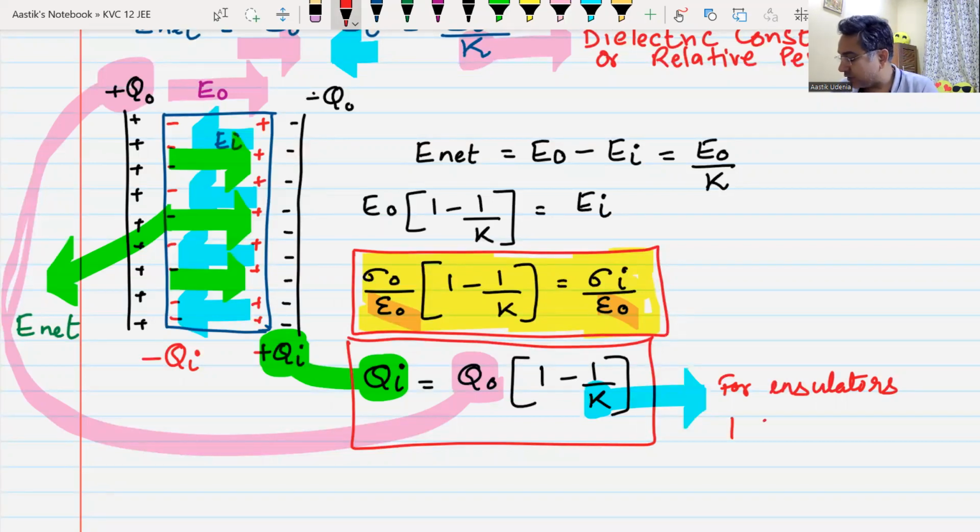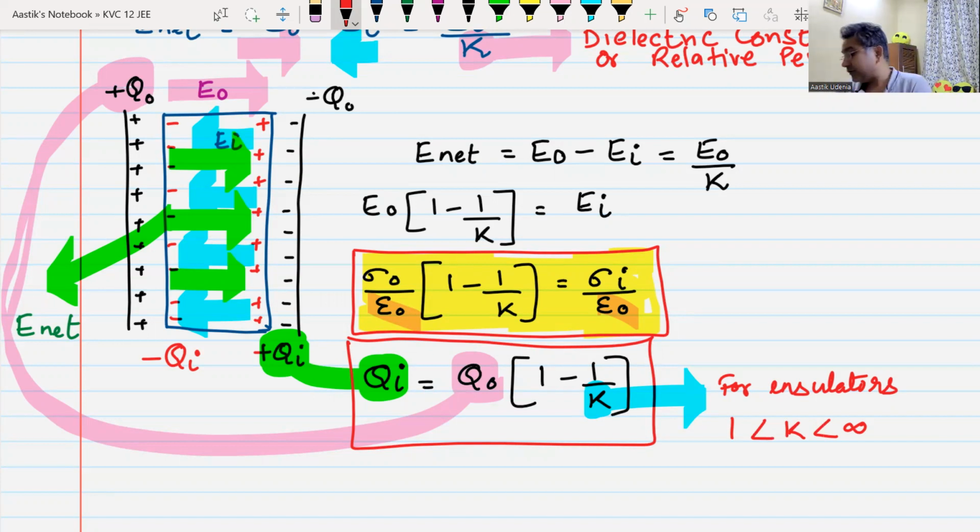It varies from 1 to infinity. It cannot lie between 0 and 1.